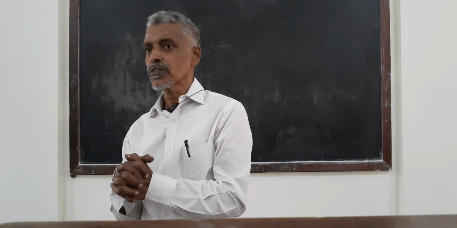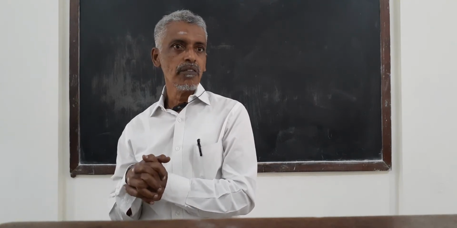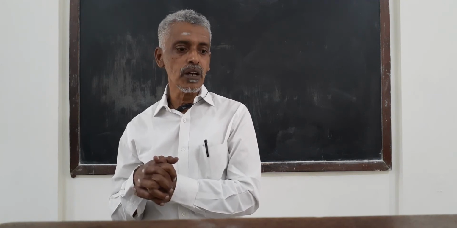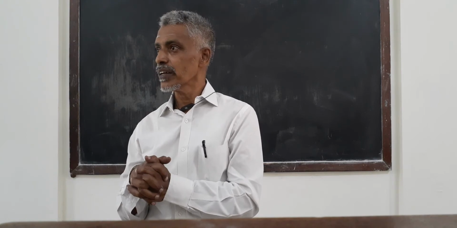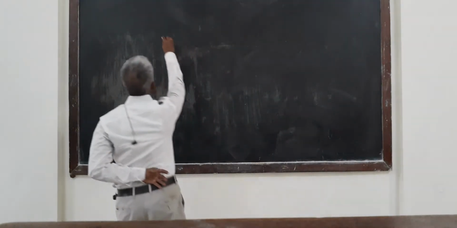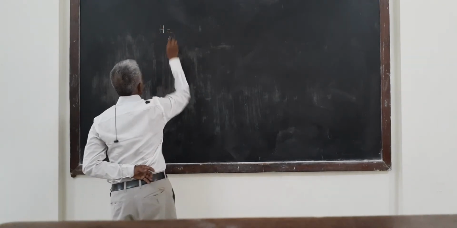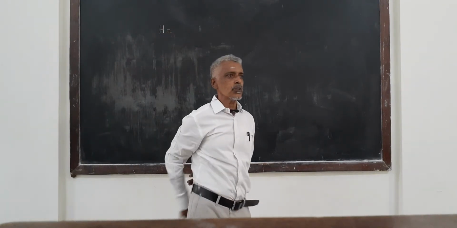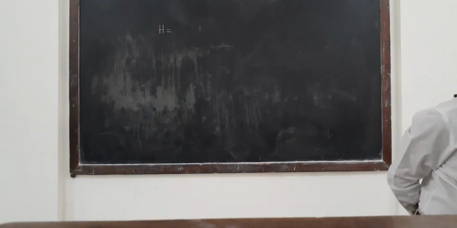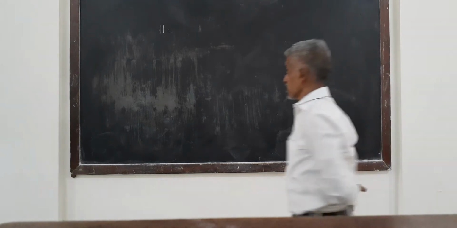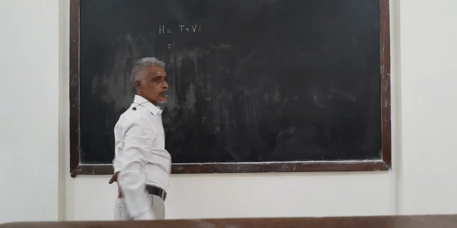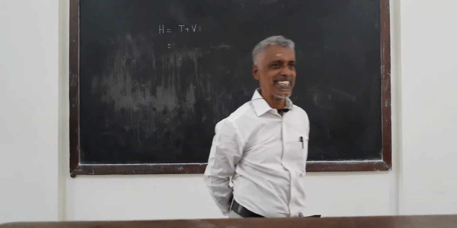Now, the problem is approximation. Where approximation comes, we have to give one example. Hamiltonian, you know well, right? Now, I write the Hamiltonian in general. H is equal to T plus V classically saying, right?